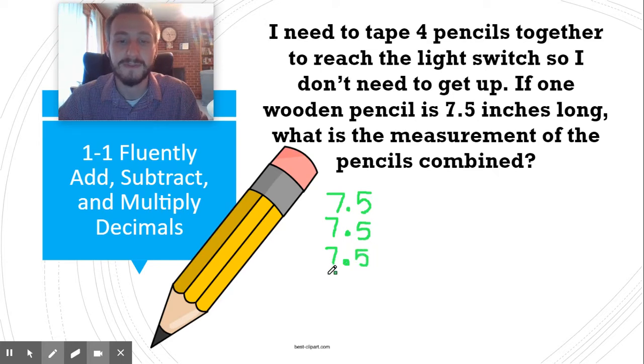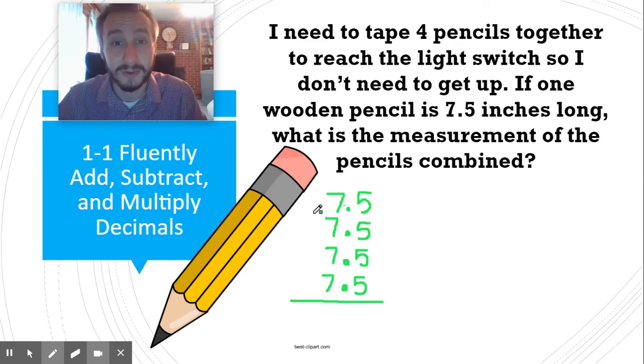So I have 7.5 plus 7.5 plus 7.5. And I want to add them up. See how my decimals are nice and lined up? That's always the first step when you're adding and subtracting with decimals. Now let's add straight down the line. 5 plus 5 is 10. 10 plus 5 is 15. 15 plus this last 5 is 20.